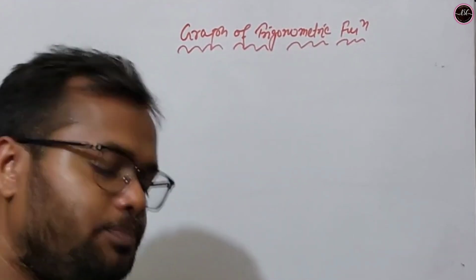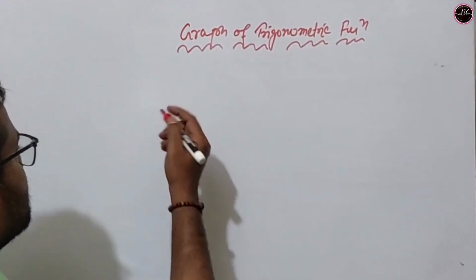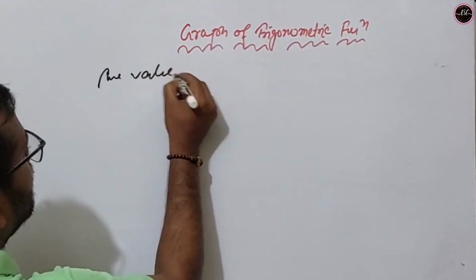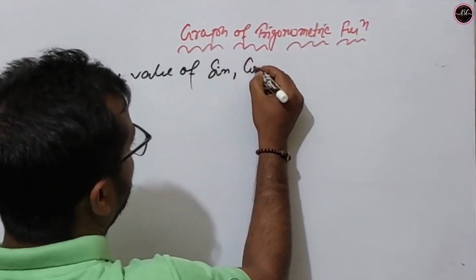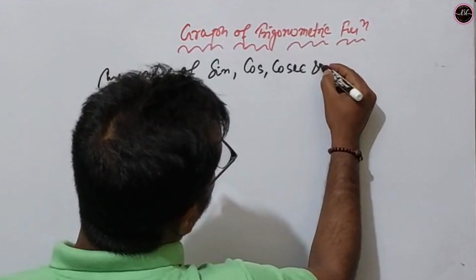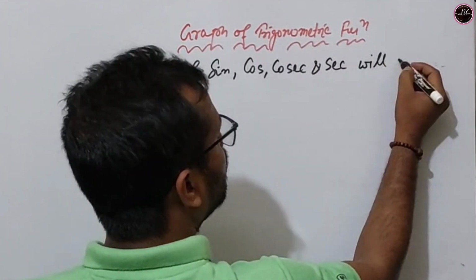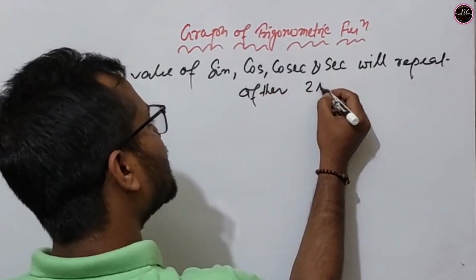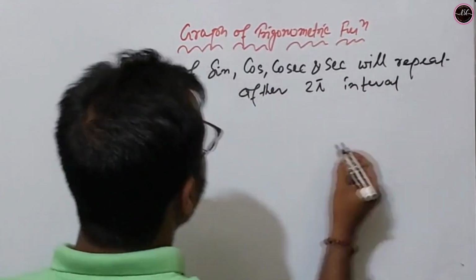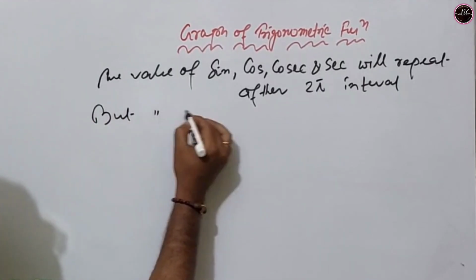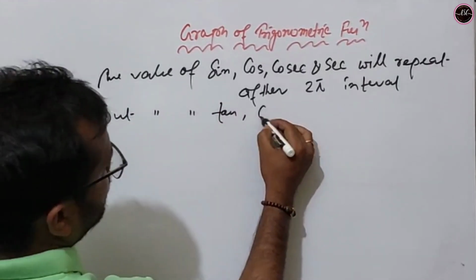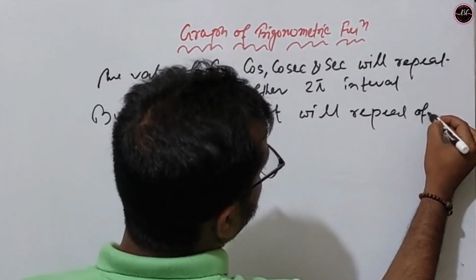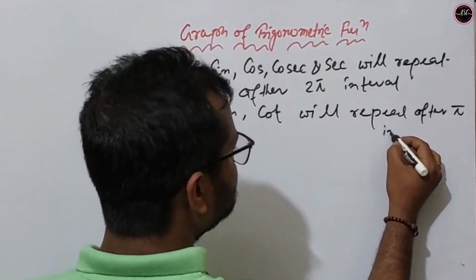That should be remembered. So the values of sin, cos, cosec and sec repeat after a 2 pi interval, but the values of tan x and cot x repeat after a pi interval.